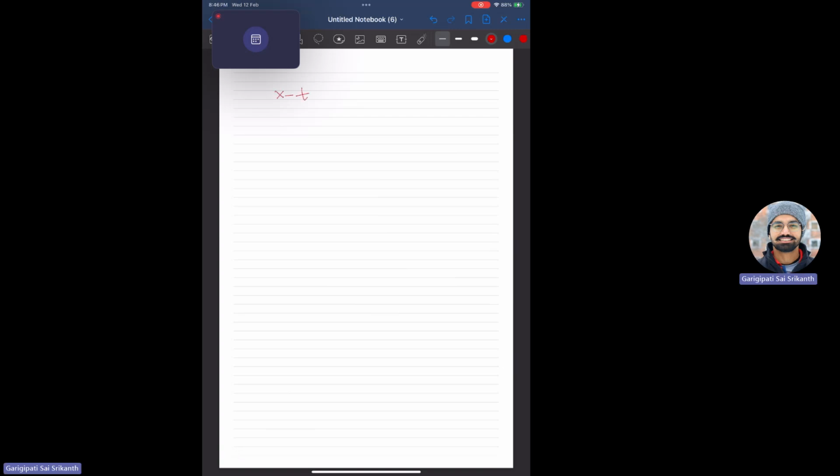Simple: x on one axis, not your x, but the coordinate x, and this is the time coordinate.